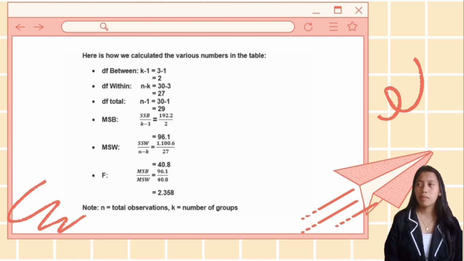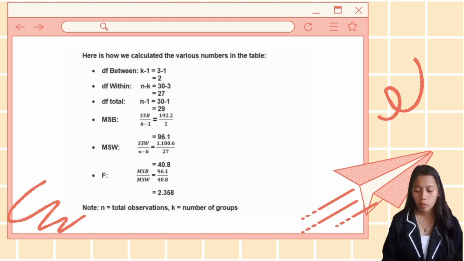To calculate the mean squares for our table, we will use SSB divided by K minus 1. Our SSB, or the sum of squares between, is 192.2 divided by 2, therefore it's 96.1.